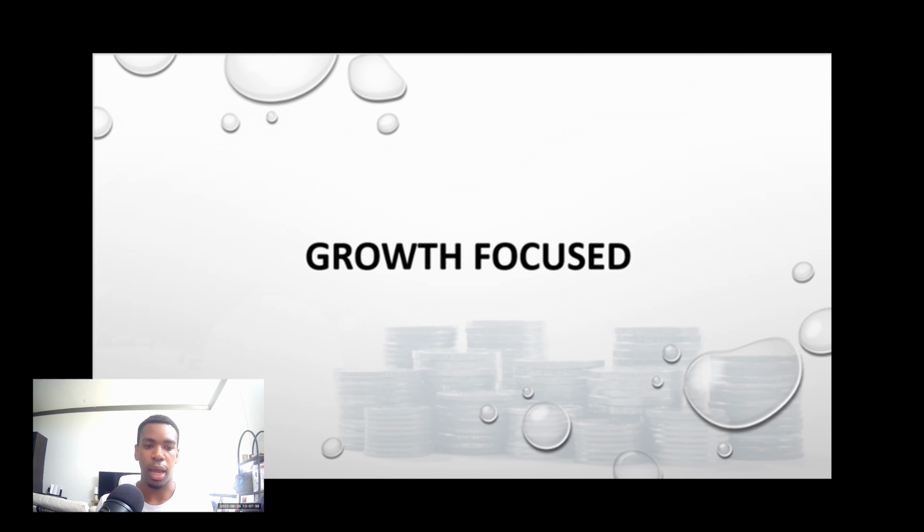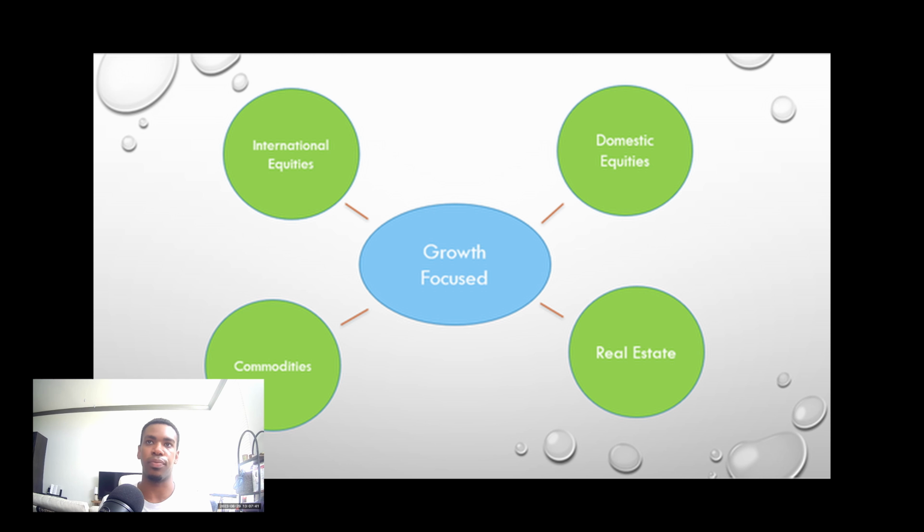So a growth-focused portfolio is going to be made up of growth asset classes like domestic and international shares, commodities and real estate. The share market has a history of driving economic growth, and a portfolio that is centered on growth should have significant weighting in this asset class.